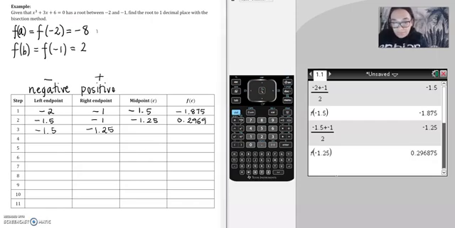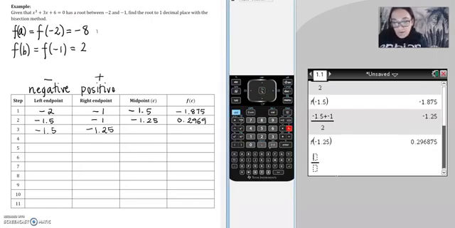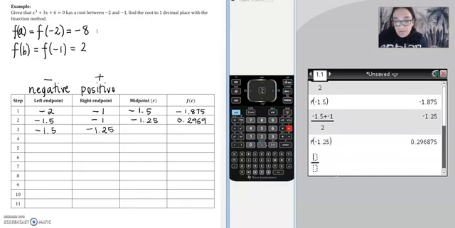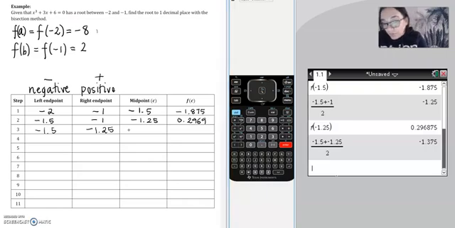And the process repeats. Oh, sorry, we're going to add our answers first. So negative 1.5 plus negative 1.25, divide by 2. And we get negative 1.375.